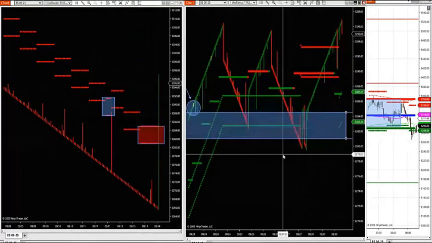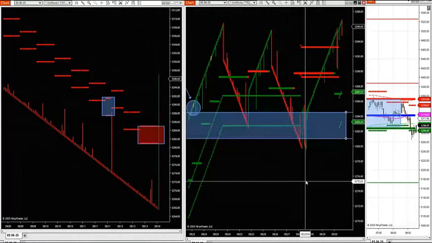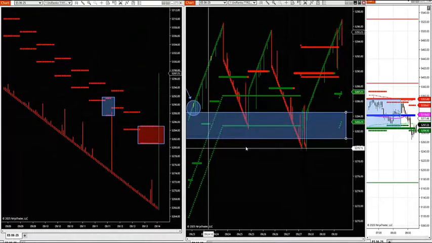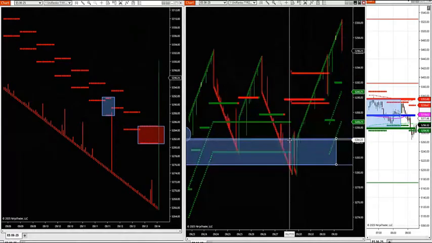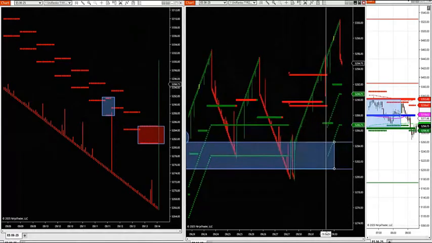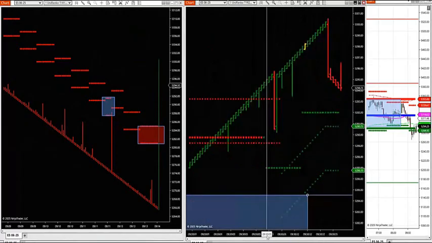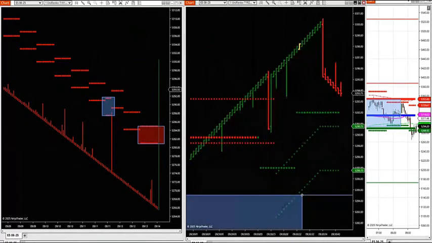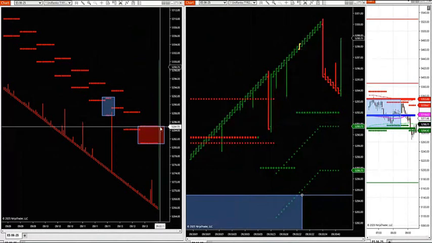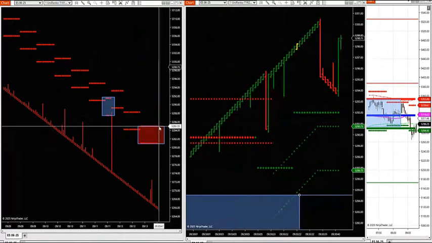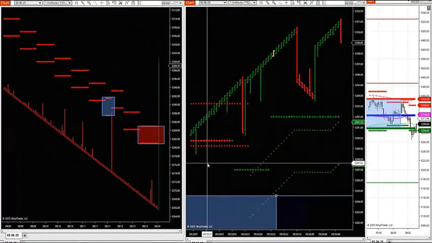We're not looking to short red until we get below this lower level of 81. You can look to buy, though. You can look for liquidity grab buys, because you're above the zone, right?